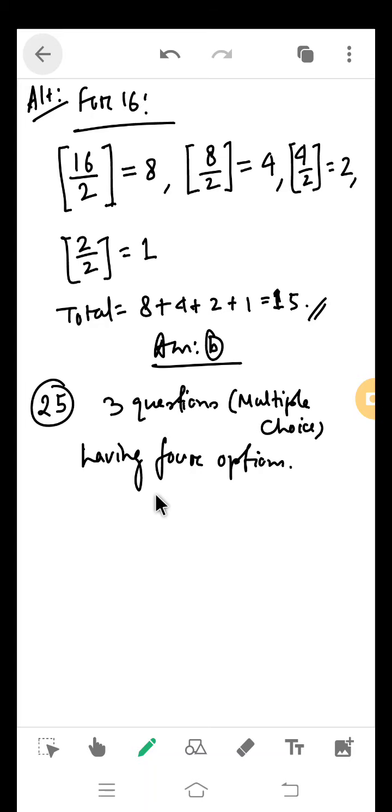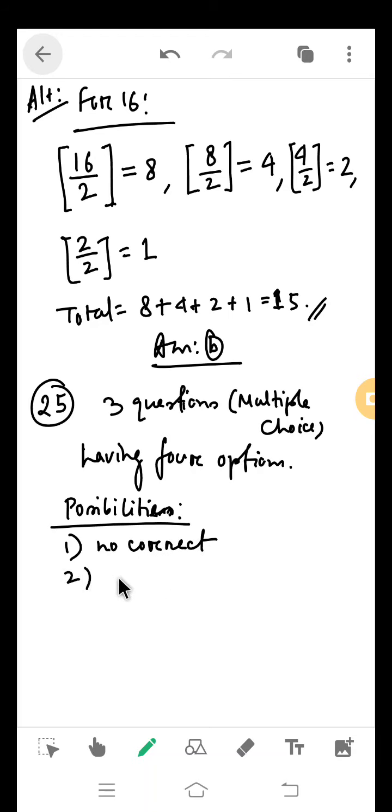तो all correct मतलब तीनों correct नहीं होना है. तो now you see, actually what are the possibilities can happen for a student. एक स्टूडेंट के लिए क्या क्या possibilities हो सकता है. तो possibilities होगा कि maybe that no one is correct. He can make no one correct, or maybe that he can make 1 correct, maybe that he can make 2 correct, maybe that he can make all correct. 3 correct matlab all correct.